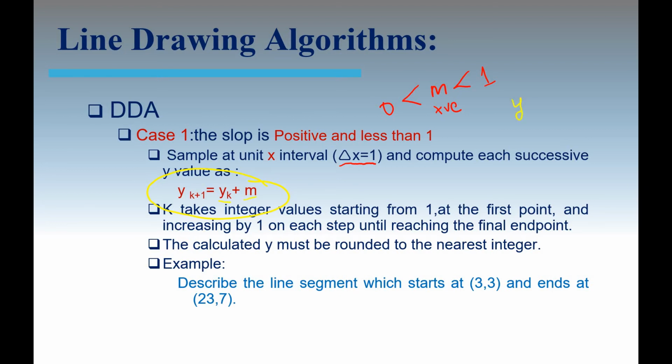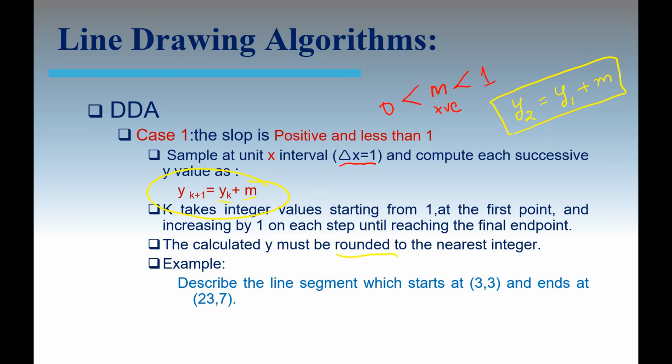Suppose the next value of y is y2, it will be equal to the previous value of y, that means y1, plus the value of m. This is the formula. k takes integer values starting from 1 at the first point and increasing by 1 on each step until reaching the final endpoint. The calculated y must always be rounded to the nearest integer.